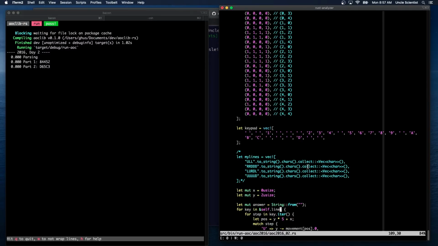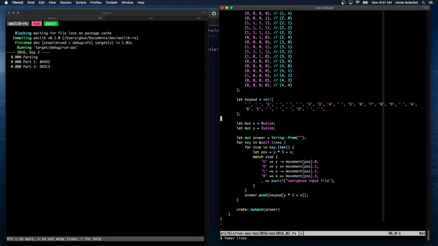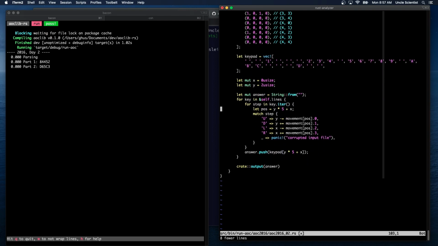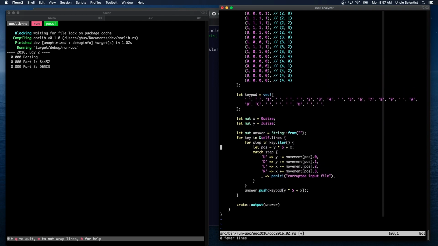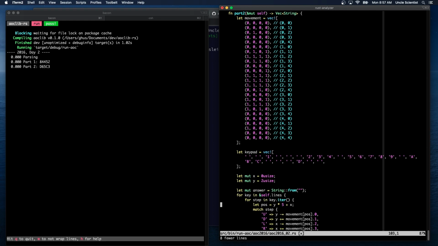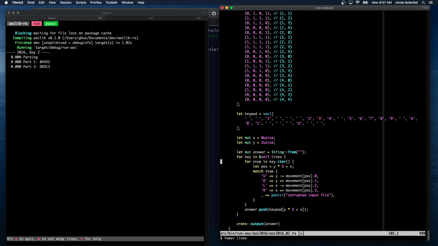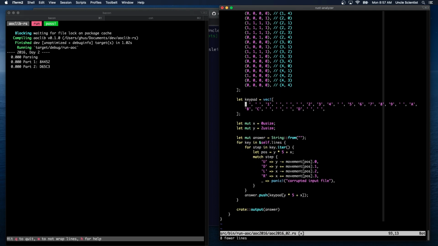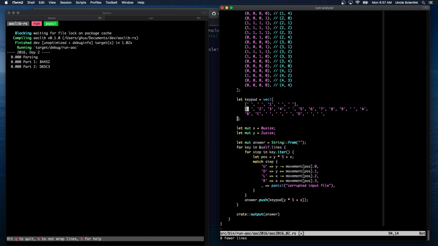That wasn't too bad, except the dumb bug I had in there of calculating the position incorrectly. Coming up with this mess was kind of annoying. I don't know if there's an easier way to do it, but this seems to work just fine, so let's just stick with it. The other thing I could do is just make a vec of x. This would make this easier to read, and I wouldn't have to do this calculation. Let me try that and see if it looks any better. Do that, and then this gets a bracket here, and do that.